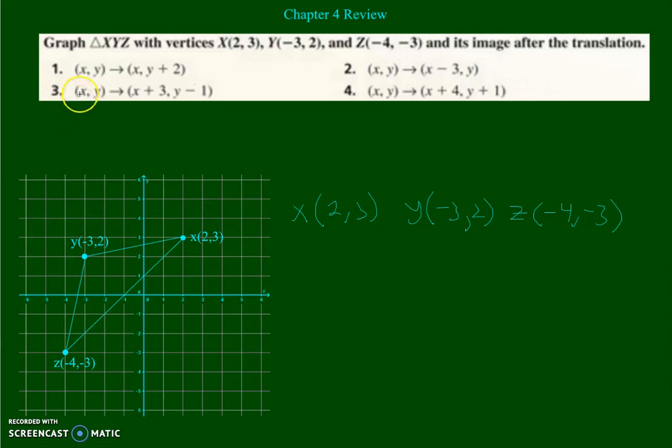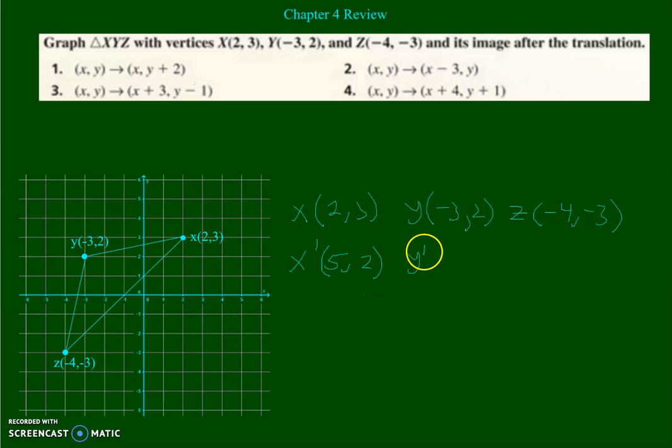Now let's work problem 3. In problem 3, the transformation is (x, y) goes to (x + 3, y - 1). So we're going to the right 3 units and down 1 unit. So the first point will be X prime. We add 3 to the x, subtract 1 from the y. So that's (5, 2).